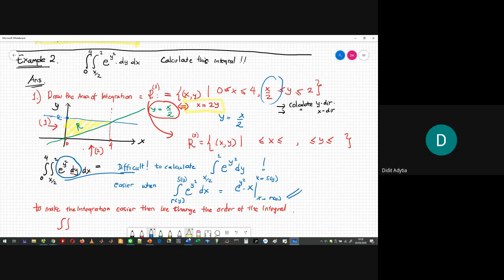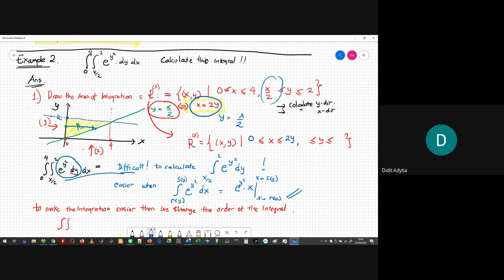X-nya dari yang saya pakai biru ya. X-nya dari 0 ke berapa ini? Ke fungsi ini. Fungsi ini kita harus tuliskan dalam fungsi Y. Sehingga X-nya adalah from 0 to 2Y. Oke. Nah, sekarang Y-nya.